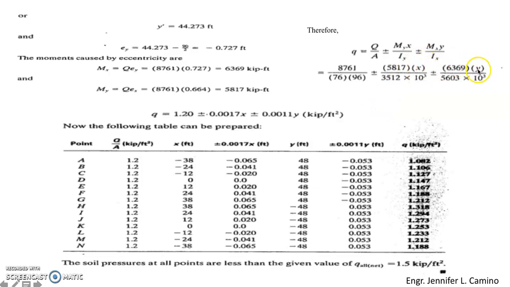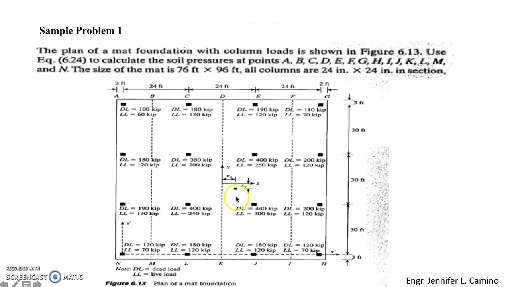The y is the distance of the column, from the centroid of the column towards the eccentricity, along y direction, towards the center of the mat foundation. So meaning to say, this is the center of the mat foundation. Since we have computed now our eccentricity, this is the centroid.